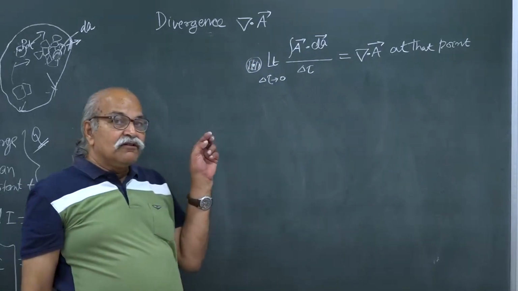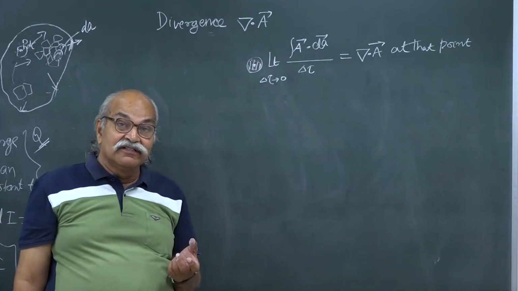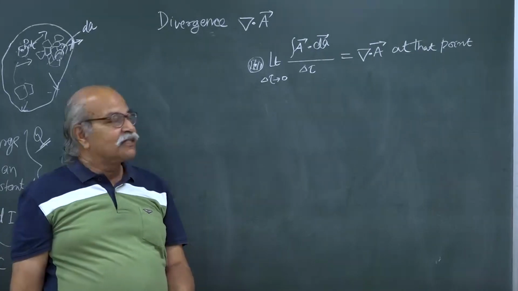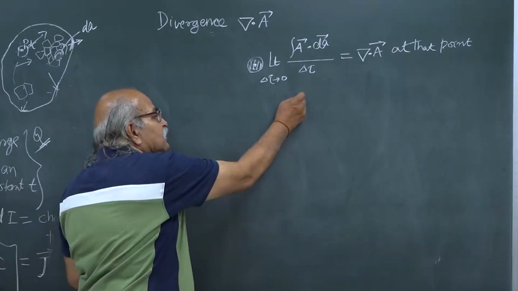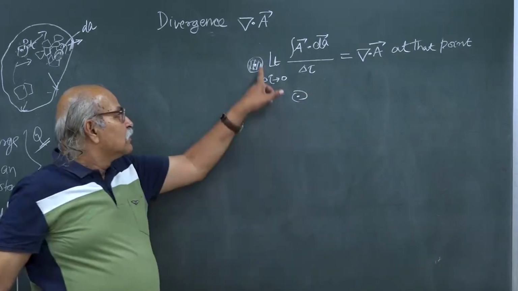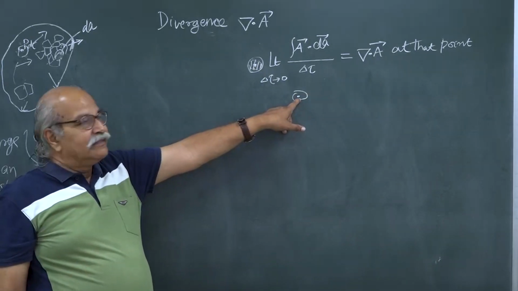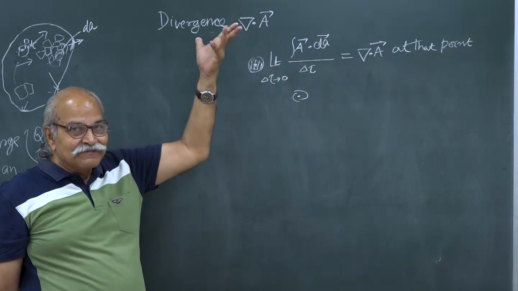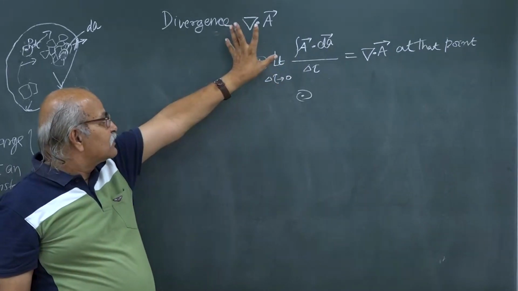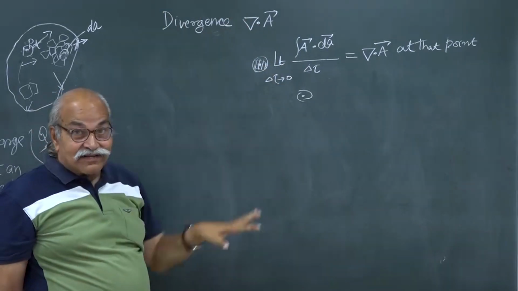So, divergence of A is another field. It can be different at different points. If I want the divergence at this point, I will construct a closed surface here, and then this limit may be something different. So, that is how divergence of A is defined.